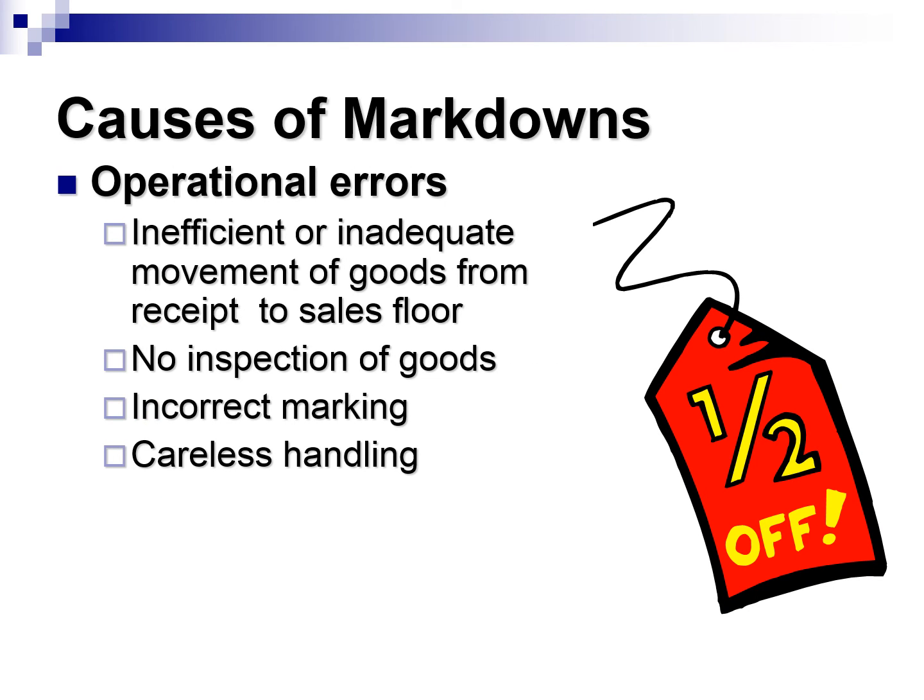Besides merchandising errors, there could be some operational errors that cause markdowns. For example, there could be inadequate movement of merchandise from the receipt to the sales floor. This can happen when you have frequent shipments, and you get the shipments in but don't open them and display them in the store right away.